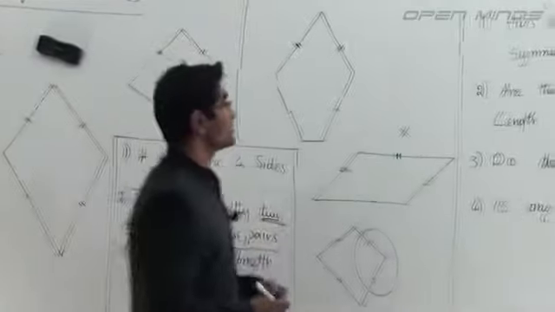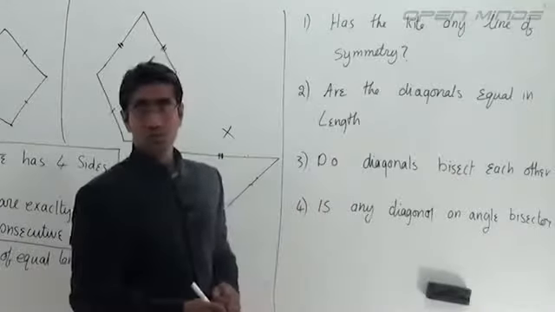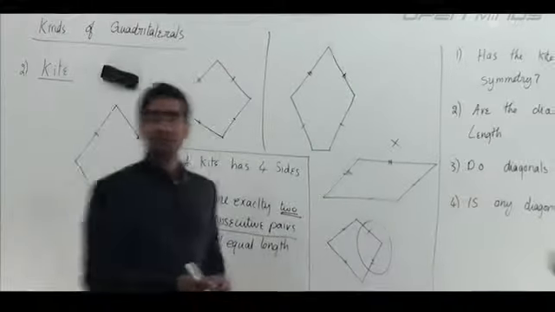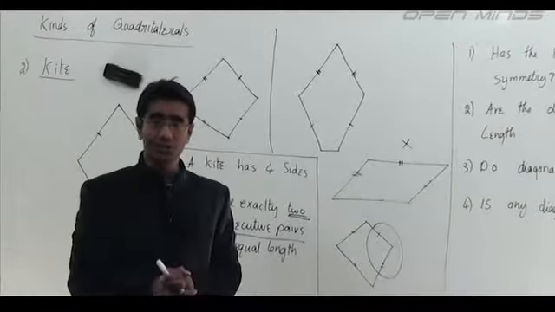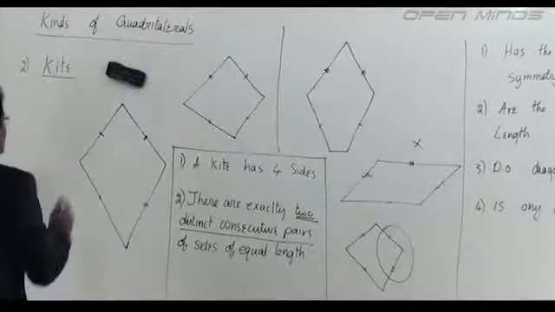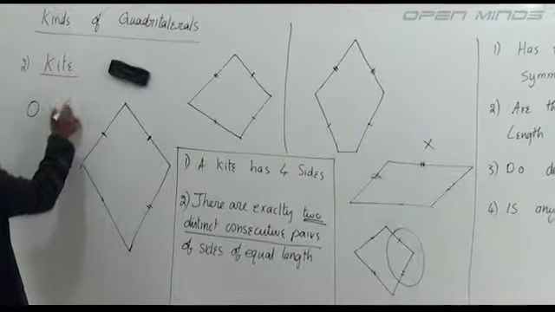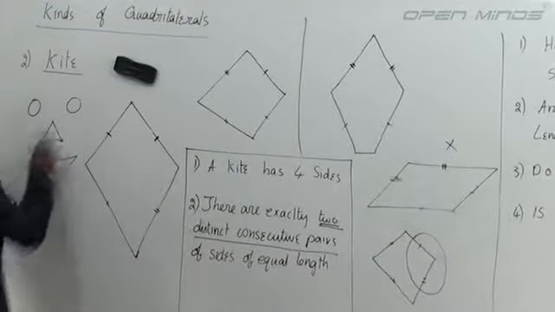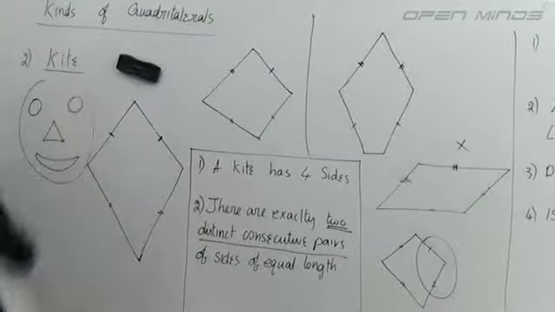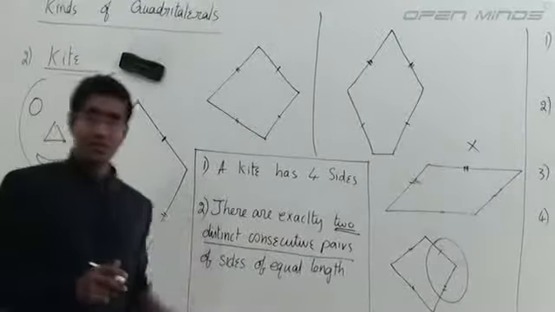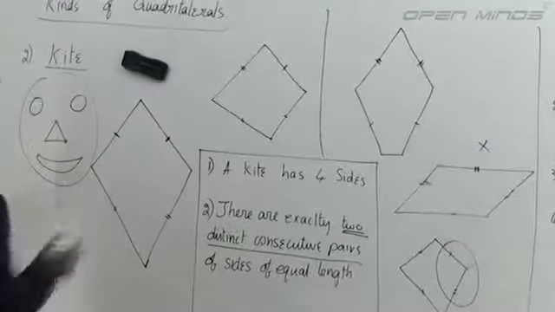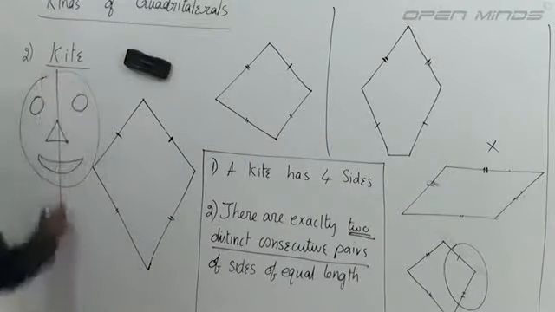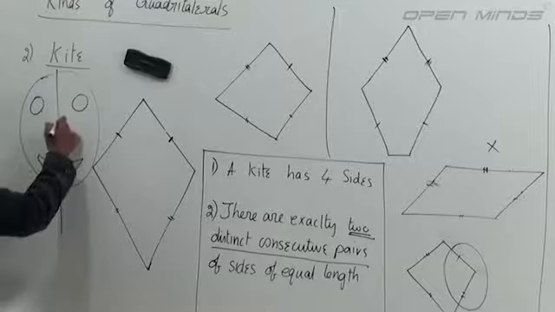Now, based on this, we need to ask ourselves a couple of questions. The first: does the kite have any line of symmetry? What exactly is a line of symmetry? For example, I draw a face: two eyes, a nose. Can I cut this face so that both halves look the same?